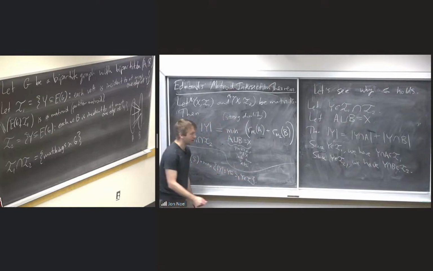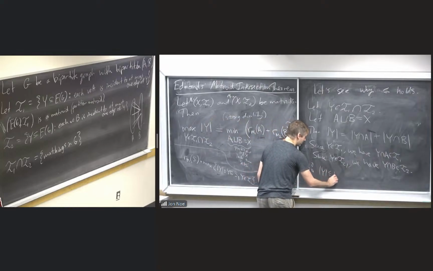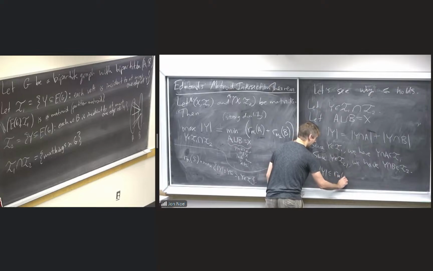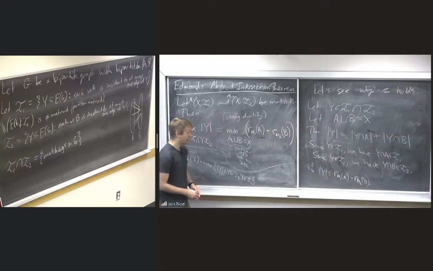So therefore, the size of y is at most the M1 rank of A plus the M2 rank of B. Okay, so the magic thing is that these just end up being the same thing.